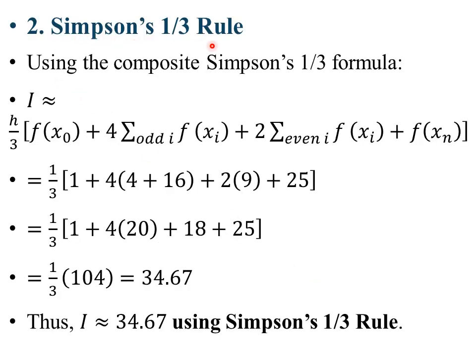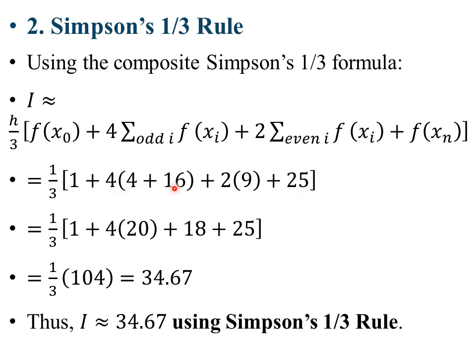Now Simpson 1/3 rule. Using the composite Simpson's 1/3 rule, you know the formula. h upon 3 times [f of x naught, which is 1, plus 4 times all the odd values, x1, x3, plus 2 times all the even values, x2, x4, here only x2, which is 9, plus f of xn, the last value of the function].